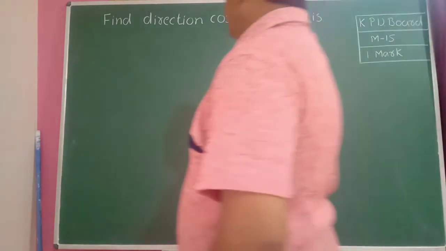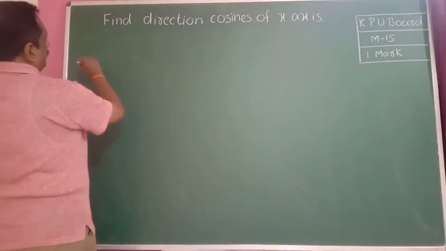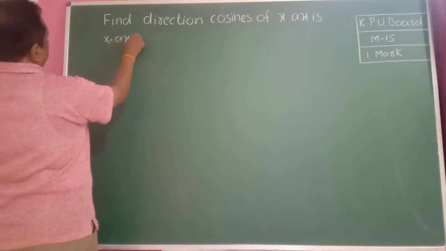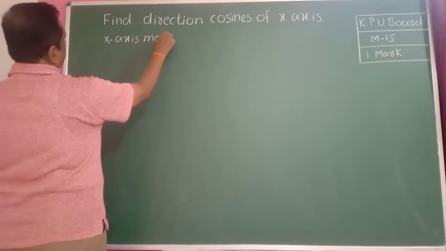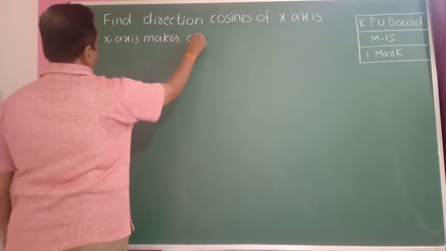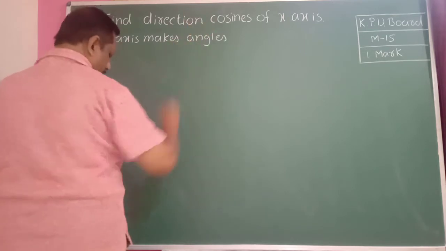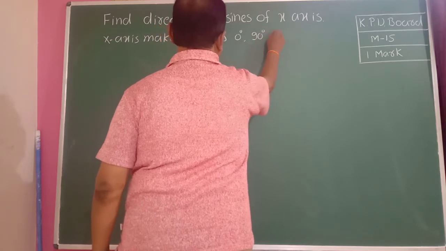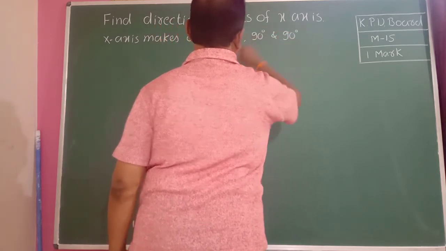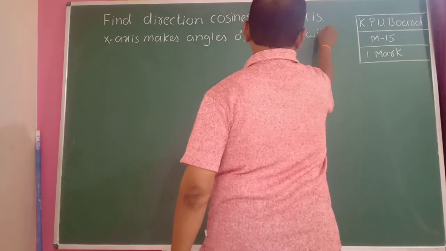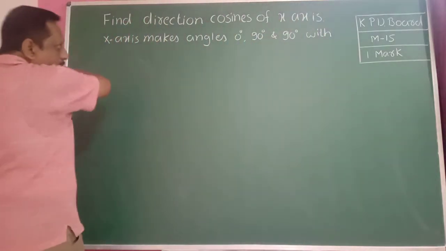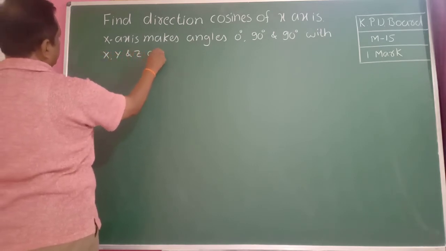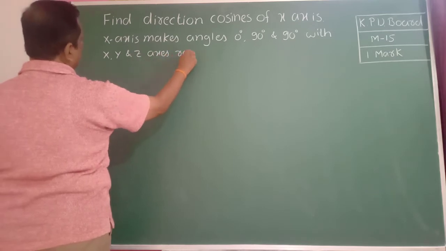So therefore the x axis makes angles 0 degree, 90 degree and 90 degree with x, y and z axis respectively.